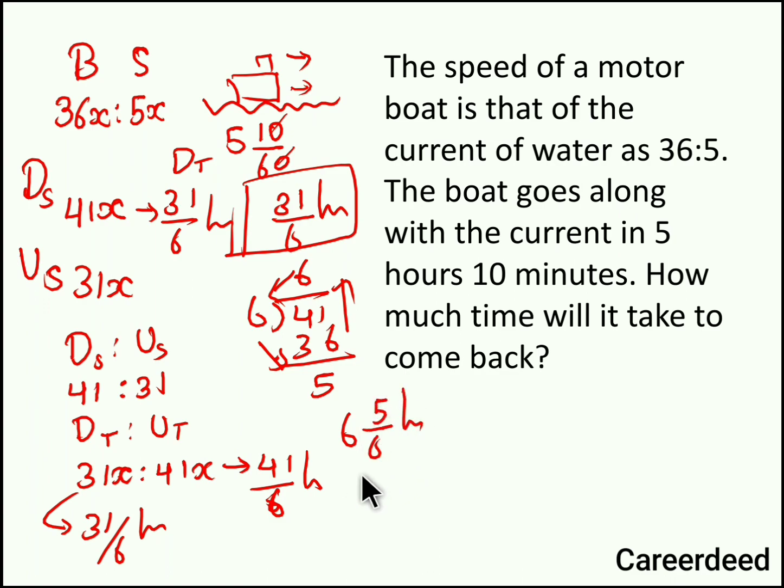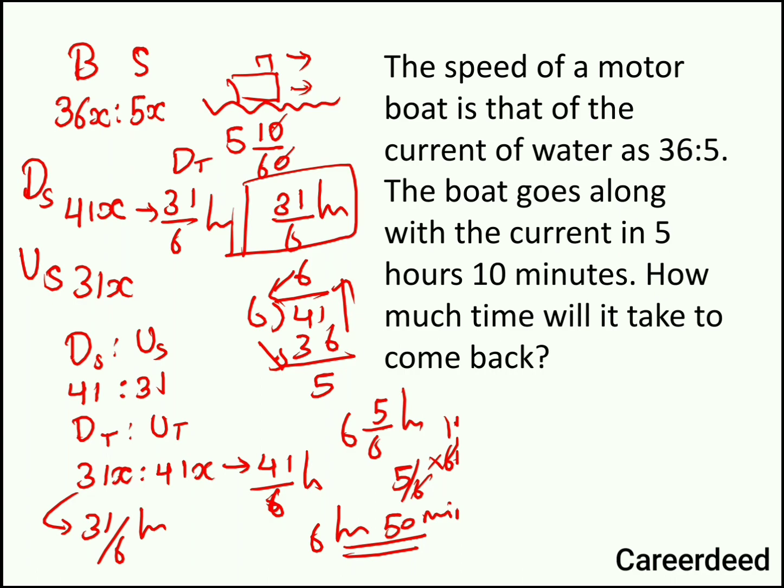So this 5 by 6 hours can be converted into minutes. So you can say 6 hours solid and 5 by 6 into 60, so 5 into 10, 50. So 6 hours and 50 minutes. So the time taken by the same boat to cover the distance in upstream is 6 hours and 50 minutes.